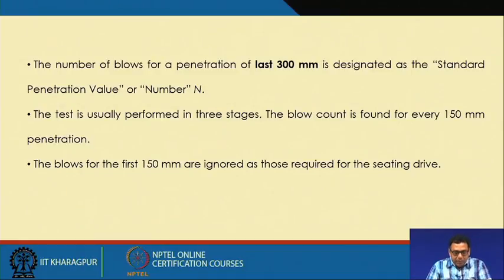The number of blows for a penetration of the last 300 millimeter is designated as the standard penetration value, or the number N. So, basically we are measuring the N value. We are not measuring the cohesion or the friction; we measure the N value, and then we correlate this N with the cohesion, the friction or any other properties of the soil. That is why it is an indirect method.